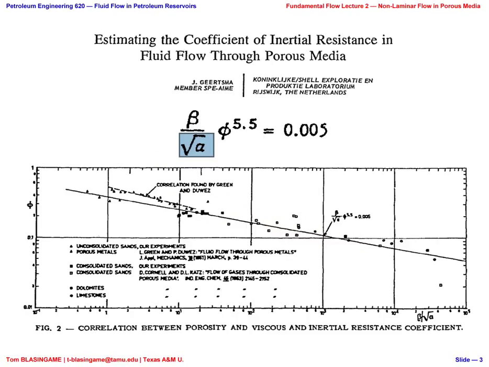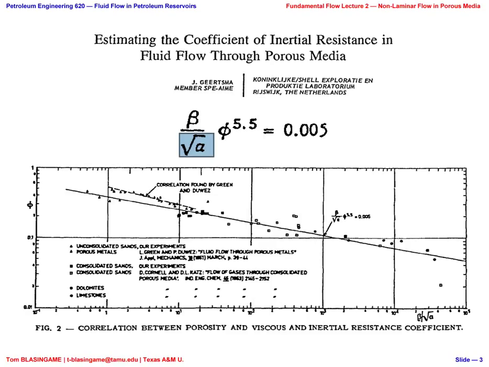We haven't talked about this yet, but we're talking about something that's even more complicated than permeability. We have talked about permeability versus porosity correlations throughout this course. Now we're talking about a variable that is even more complicated than permeability. It actually has the units of inverse length.